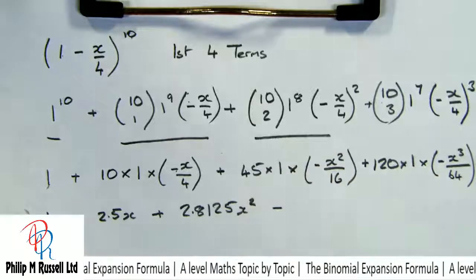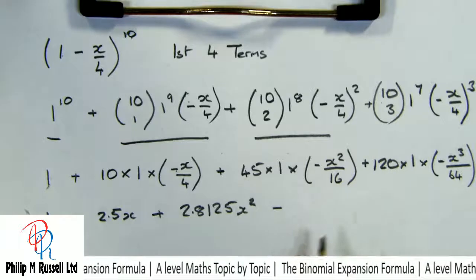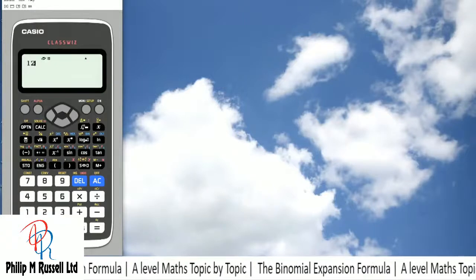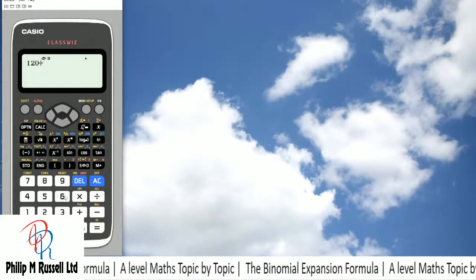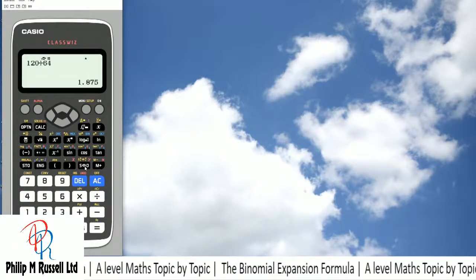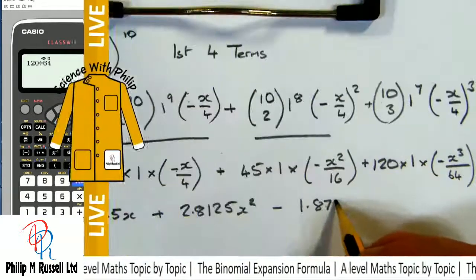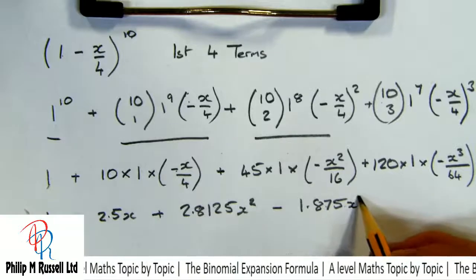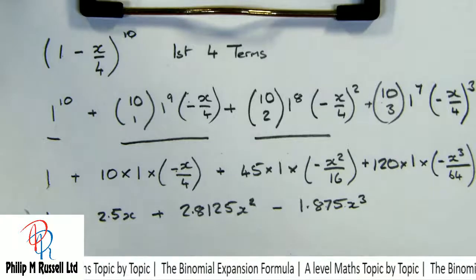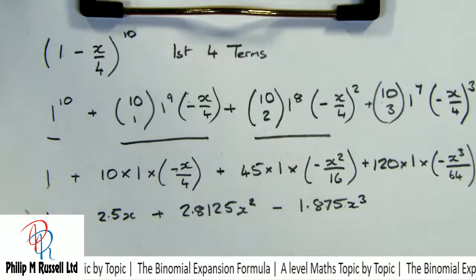Then we're going to end up with minus, and this is going to give me 120 divided by 64, which is going to give me 1.875 x cubed. And there is our first 4 terms, and we've got an answer.